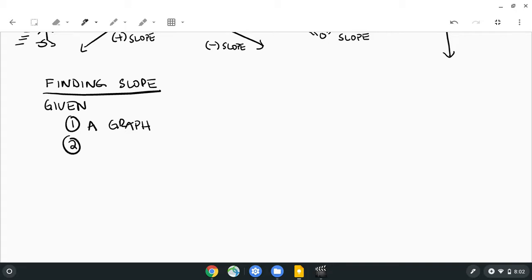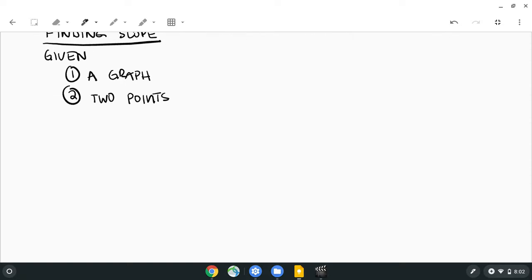And then we are going to look at how to find the slope given 2 points. So if you're given 2 points, no graph, how do you find the slope? And then we're also going to look at an equation. How do we find the slope when you have no 2 points, no graph, but you're given an equation? So there are going to be 3 different methods here.